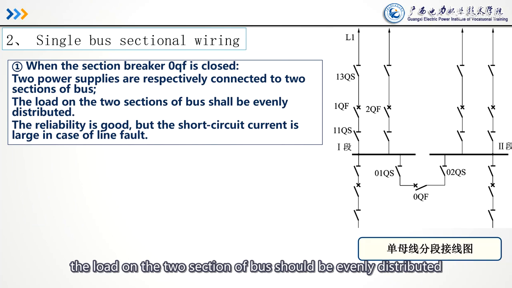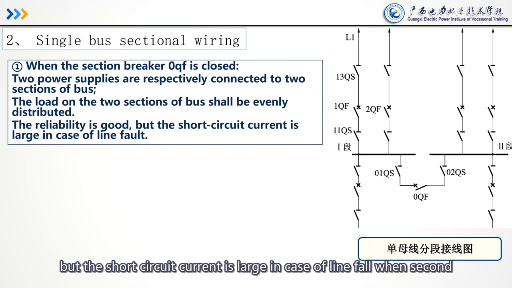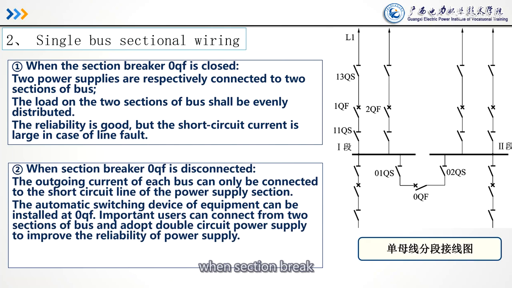The load on the two sections of bus shall be evenly distributed. The reliability is good, but the short circuit current is large in case of line fault. When section breaker 0QF is disconnected, the outgoing line of each bus can only be connected to the power supply of its own section.